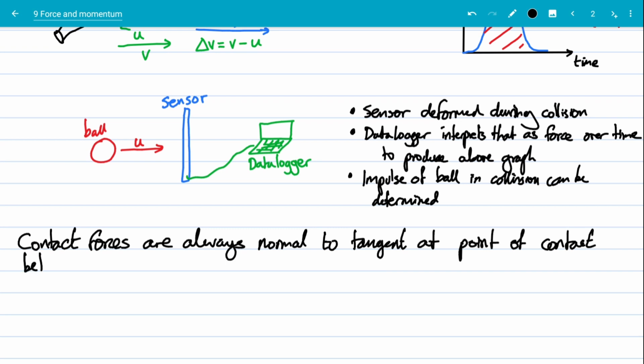Now, what do I mean by this? Well, let's take the simplest example, which is a round object striking a flat surface.